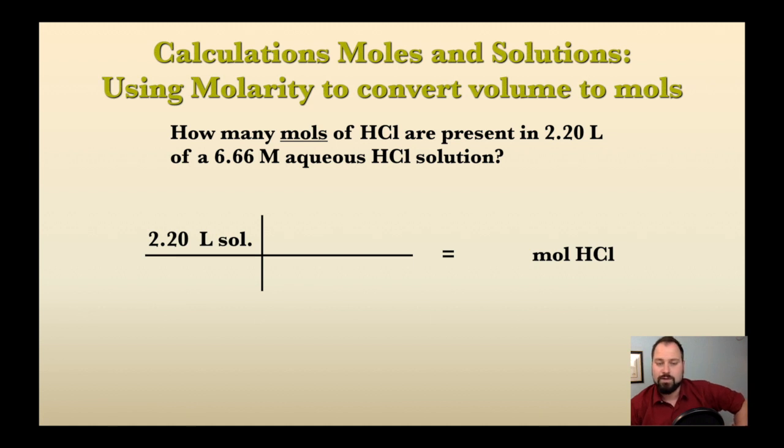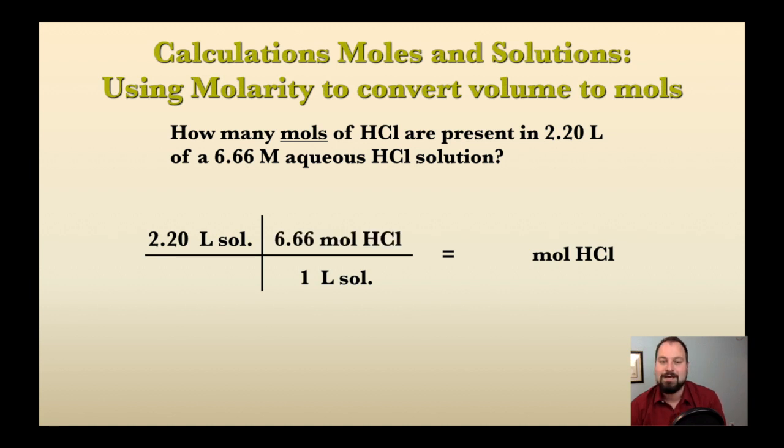We're going to use the molarity, being in moles per liter. So that's 6.6 moles for every 1 liter, which means, do I put that on the top or the bottom? The 6's. That's right, the 6 is going on the bottom. Nope, the 6 is going on the top. Sorry, my mistake. I was saying that backwards. I wrote it correctly on the screen. The liters will need to go on the bottom.